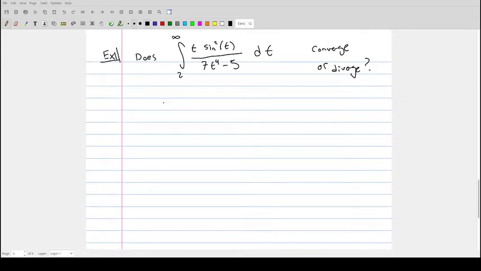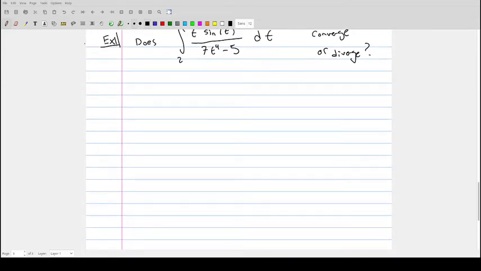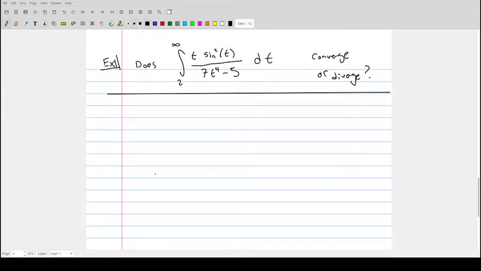And one way always of figuring out whether it converges or diverges, now this again is not a proof, it's not directly applying the theorem, is that if you're asking whether an integral converges or diverges, you want to look at how the integrand, or the function being integrated, is behaving for large values of t.